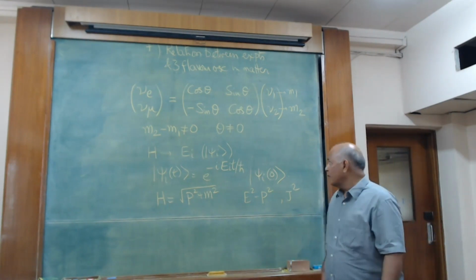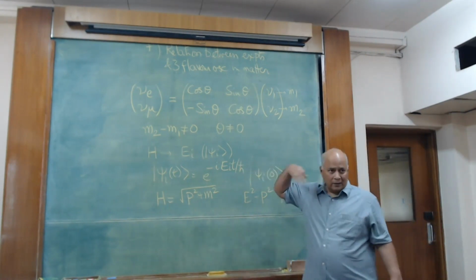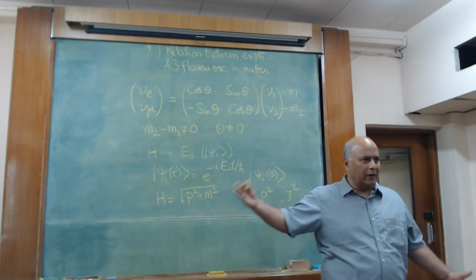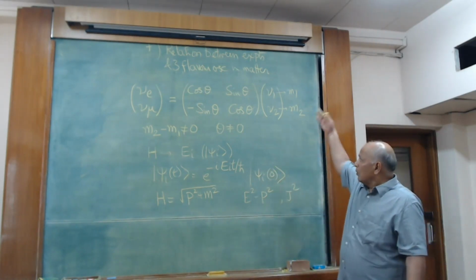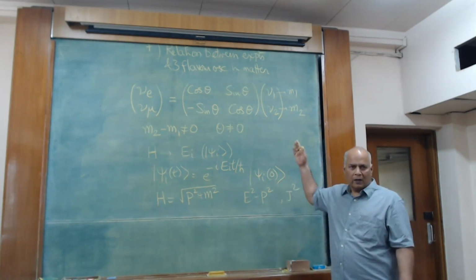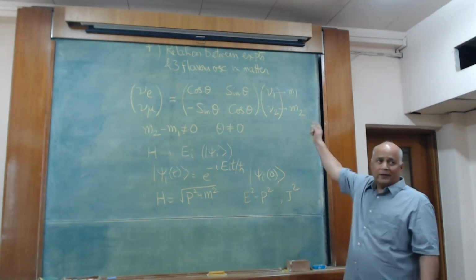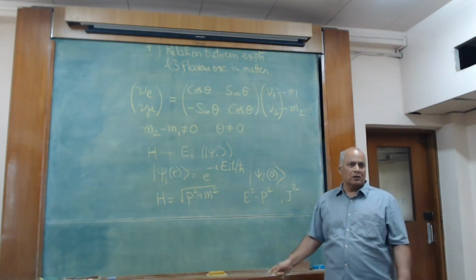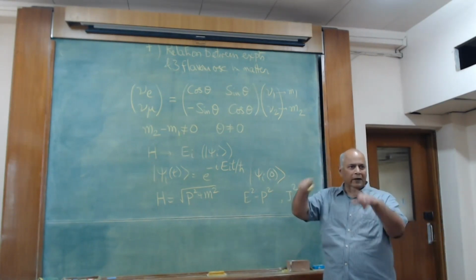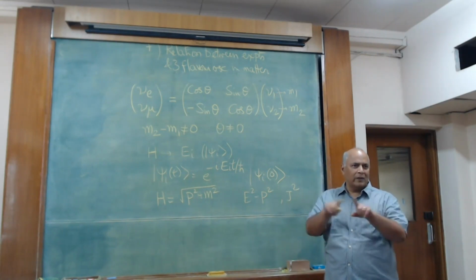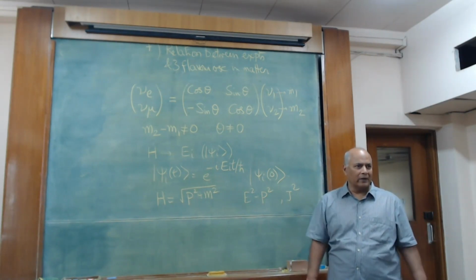So that is why the mass eigenstates are very important. And what Maki, Nakagawa and Sakata said is that the mass eigenstates, as far as neutrinos are concerned, need not be interaction eigenstates, but instead they are linear combinations.